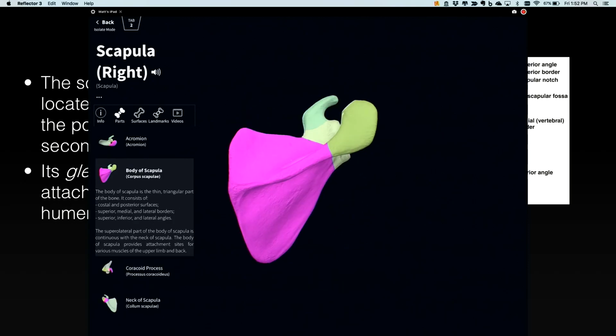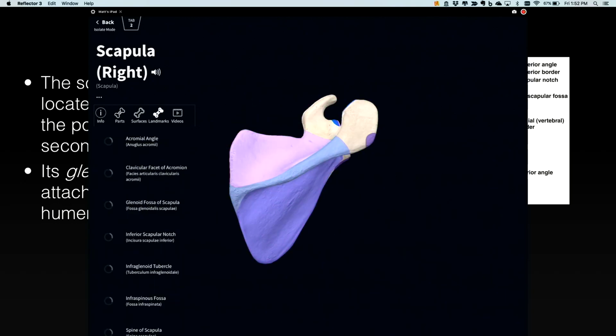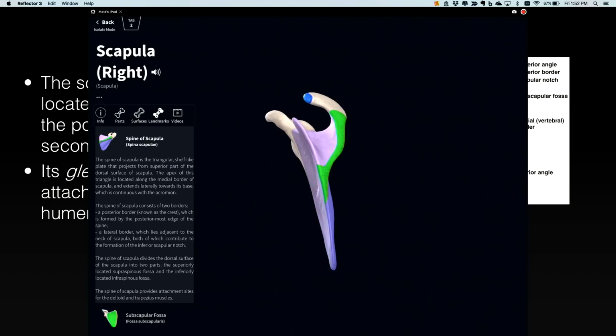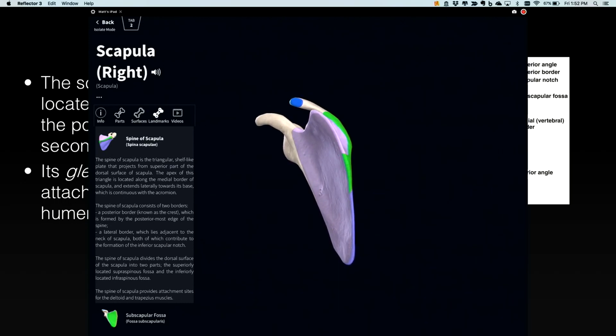And really the rest is the body of the scapula, but there are some important landmarks that we should look at on the body. And the most obvious is the spine, in my opinion. Clearly divides the scapula in two. You can feel the spine of the scapula if you were to try right now.